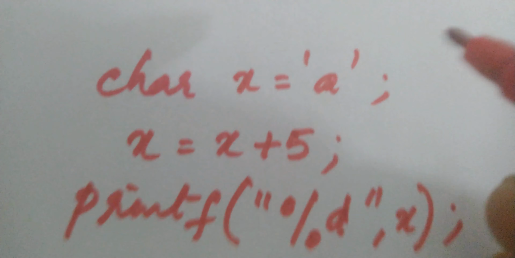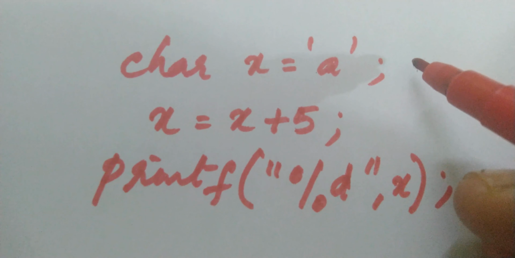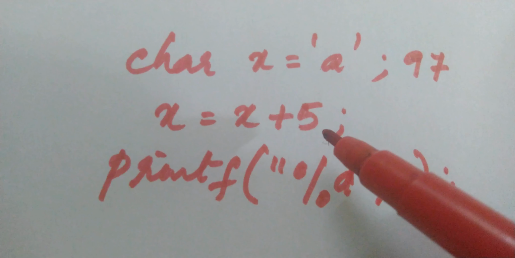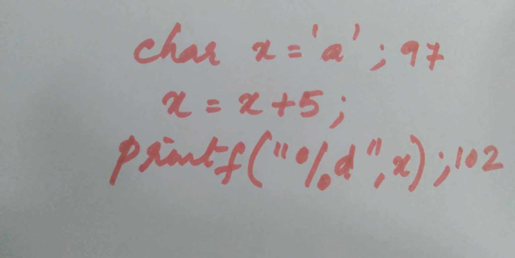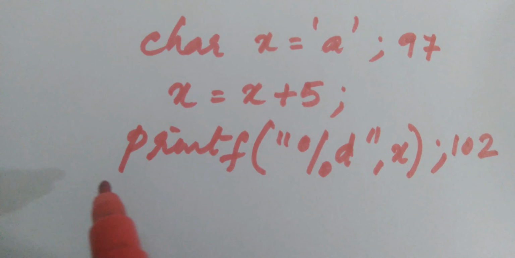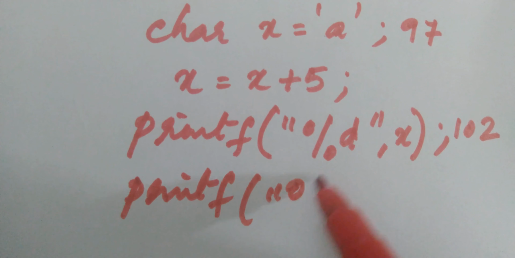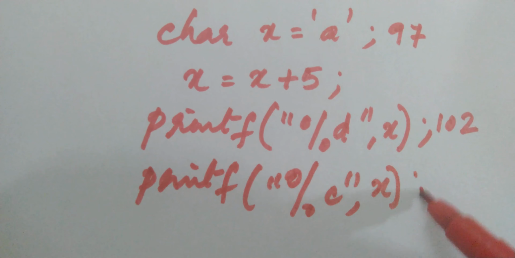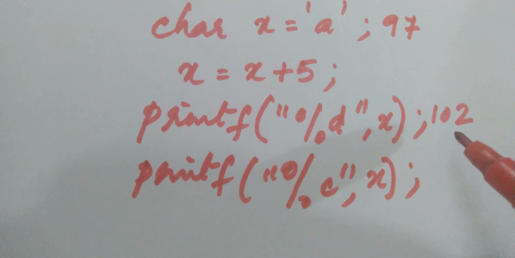The value of a was 97, isn't it? And 97 plus 5 is 102. So 102 will be printed on the screen. And what happens if I print printf("%c", x)? The character value of the ASCII value 102 will be printed.